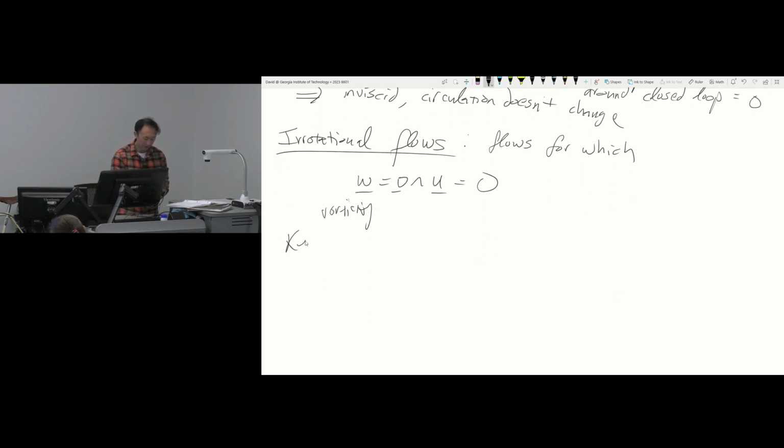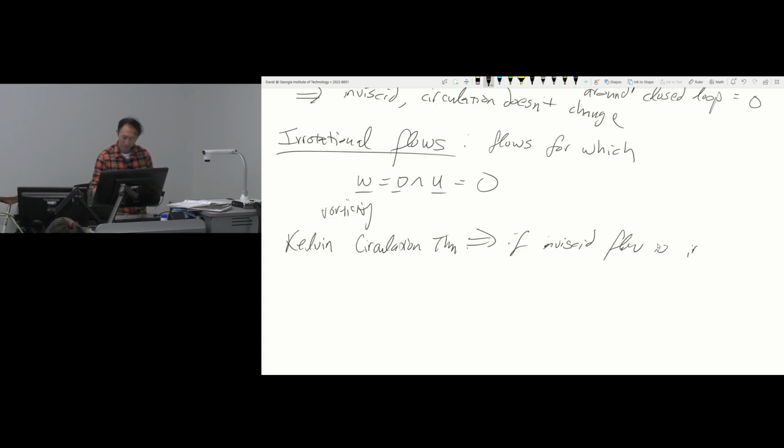And Kelvin's circulation theorem tells us that if a flow has no vorticity to begin with, you can't get any vorticity later.